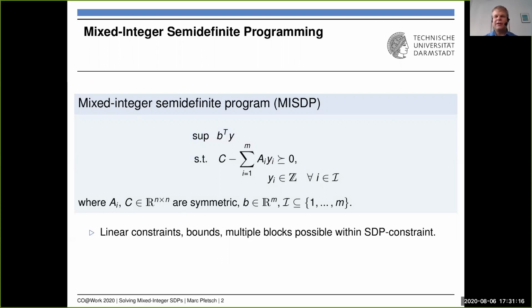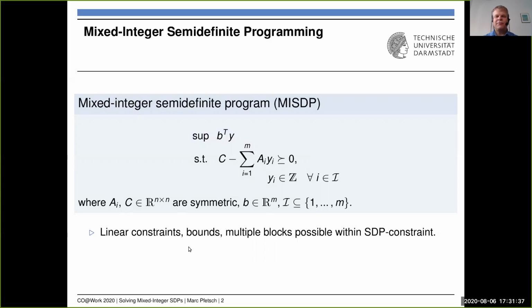This is equivalent to saying that all of its eigenvalues are non-negative, or if you multiply from the left and right with a vector, then the number that comes out is non-negative. So this is a very general class of optimization problems.